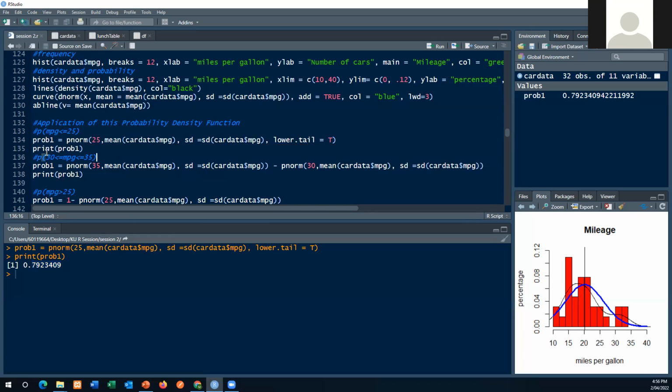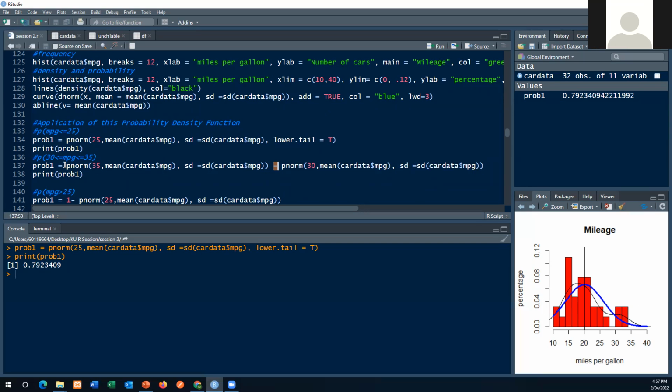Now, what is the probability of a car falling between this range? That means we are talking about a range from this to this, like a start and end. So 30 to 35. The same way, we have to get the area for 35 and then deduct the area from there. Then we'll get the portion of the area between this curve. That's why there's a minus.